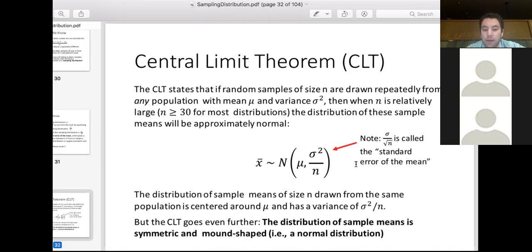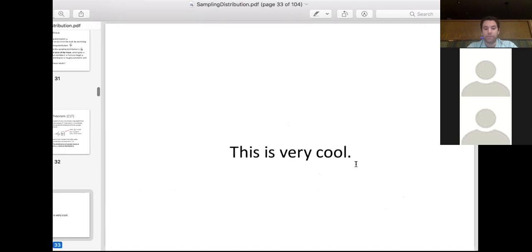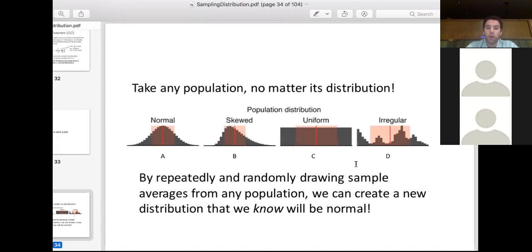So the whole idea behind the central limit theorem is that if we have a large enough sample size, the sampling distribution will be approximately normal, which is very cool. Taking any population, no matter its distribution, and repeatedly and randomly drawing sample averages, we can create a new distribution that we know will be approximately normal.